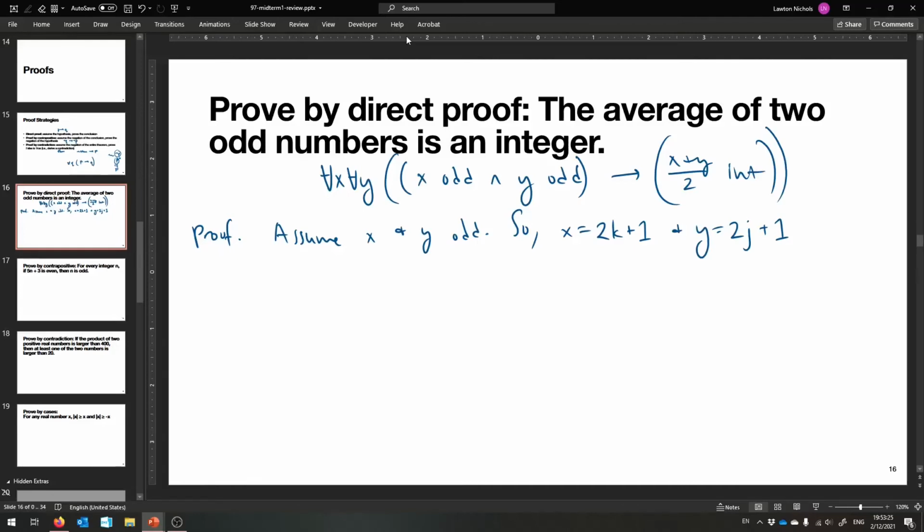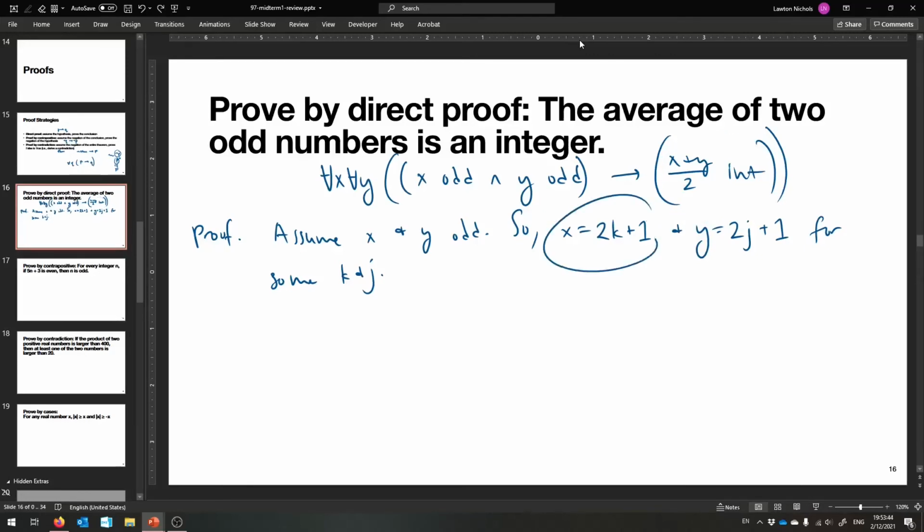That's the idea. k and j are integers, of course. Let's plug those into what we're trying to get. We have to show that this is an integer itself, so there can't be any fractions left over.